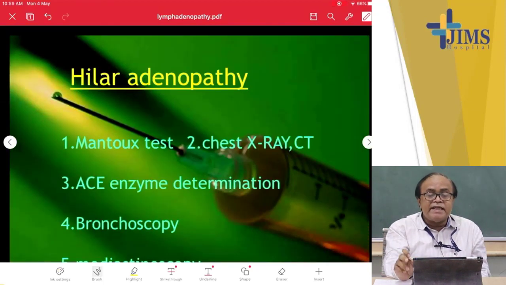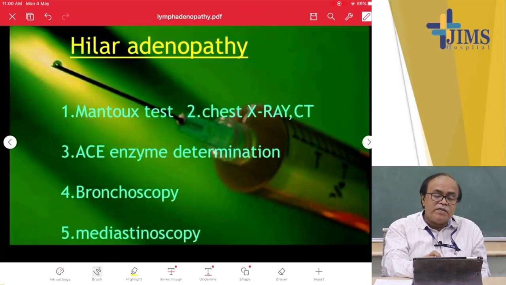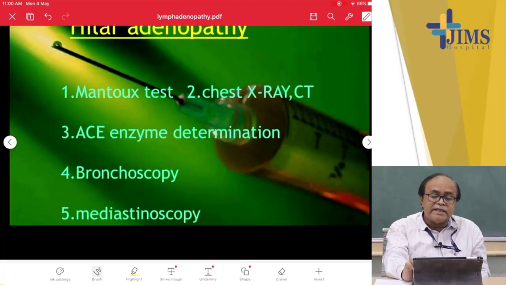And in chest X-ray, if there is doubt of hilar lymphadenopathy, then you have to go for chest X-ray, CT thorax, Mantoux test, then enzyme test for tuberculosis. You need bronchoscopy, bronchoscopic biopsy, mediastinoscopy, etc.